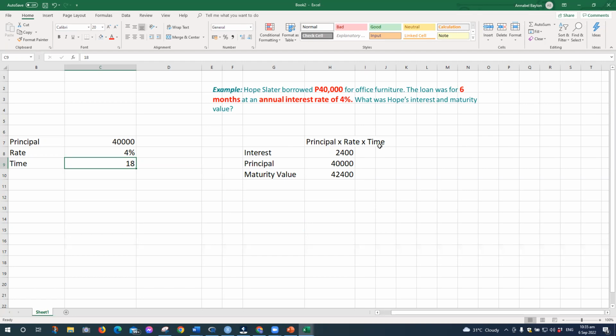If time increases by 10 times, then interest will also increase by 10 times. Here, time increased from 6 months to 18 months, so it increased by 3. Trebled, times 3. So the initial interest of 6 months was 800, and now it became 2,400.